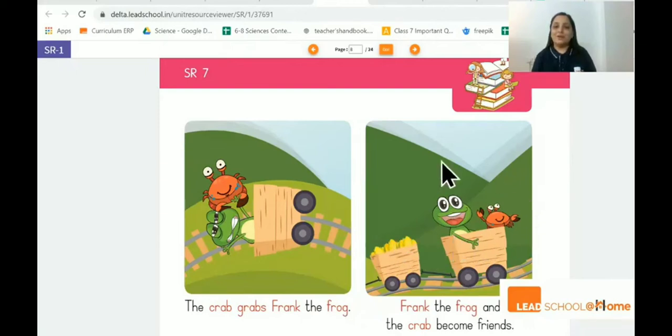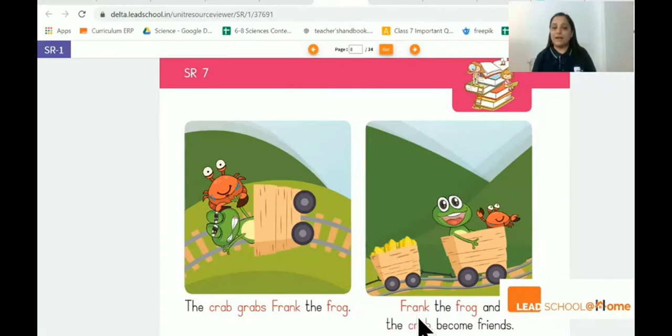Now, what do you think has happened here? Yes, Frank the frog and crab have become friends. Now they are good friends. Let's read this. This is Frank. This is frog. And this is crab.